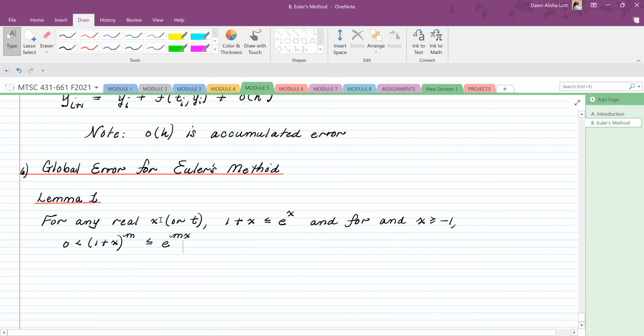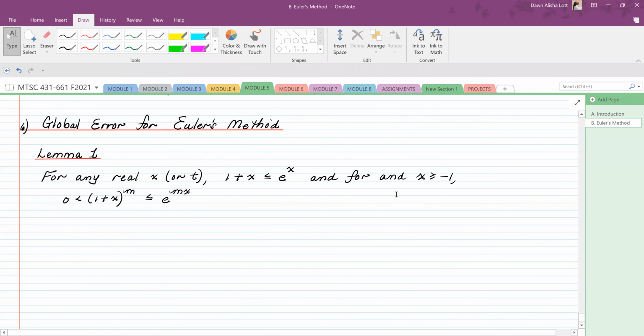It's easy to prove. The Taylor series for the exponential is 1 plus x plus x squared over 2 plus x cubed over 6, and so on. If we truncate it at 1 plus x, it's definitely less than the exponential. So the proof of this is just Taylor series. That's very easy. Okay, so I'm going to use this.